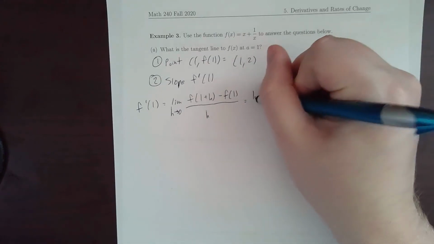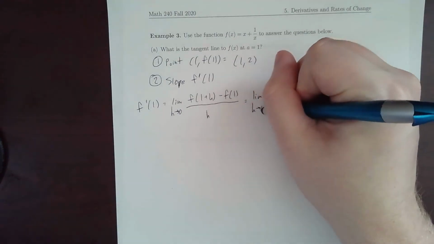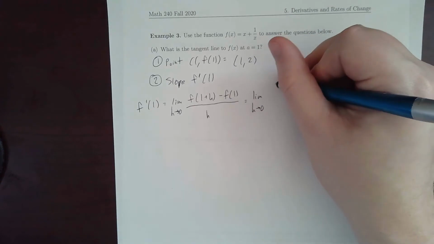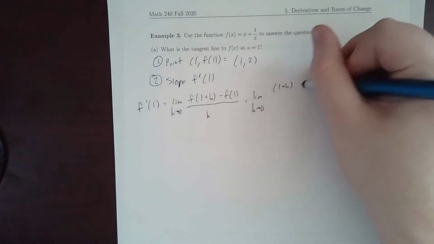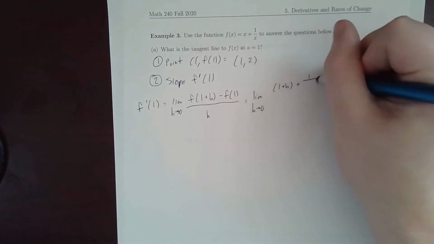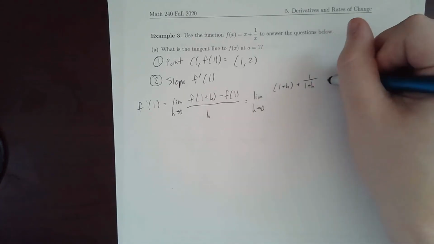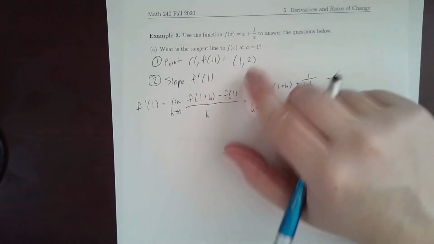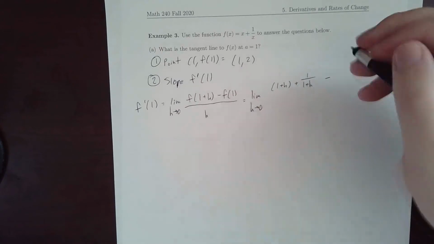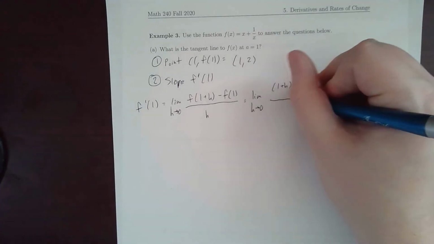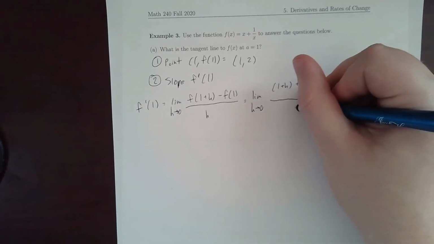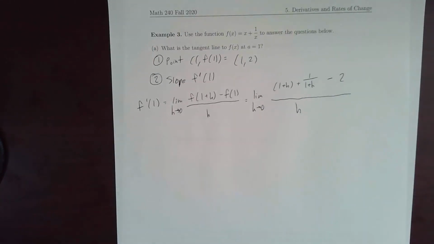So this will be the limit as h approaches 0 of 1 plus h plus 1 over 1 plus h minus, now we know that f of 1 from up here is going to be 2, all divided by h.